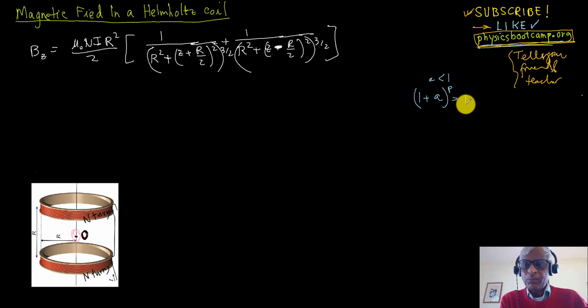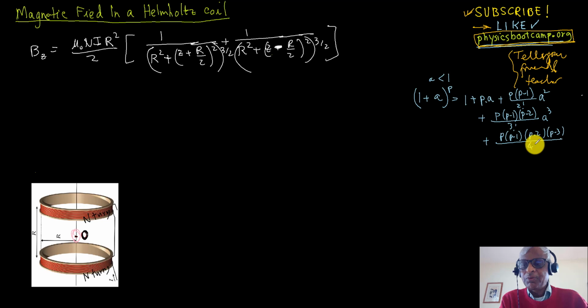So this will be 1 plus p times a, plus p times (p minus 1)/2 factorial times a squared, plus p times (p minus 1) times (p minus 2)/3 factorial a cubed, plus p times (p minus 1) (p minus 2) (p minus 3)/4 factorial a to the 4, etc.